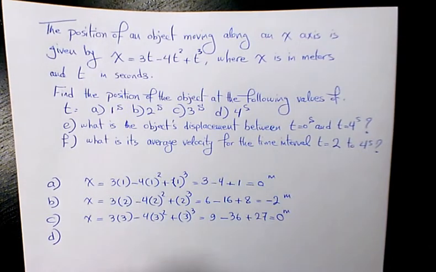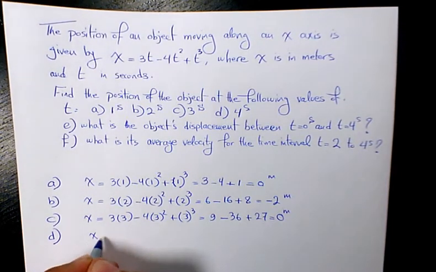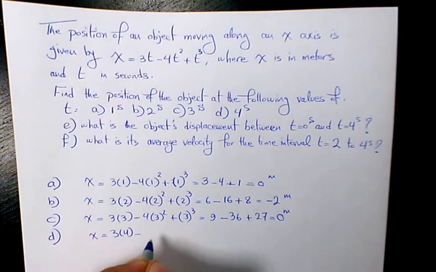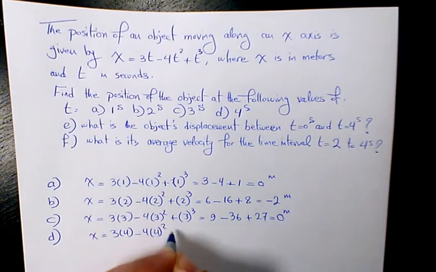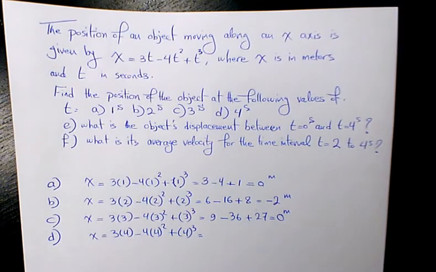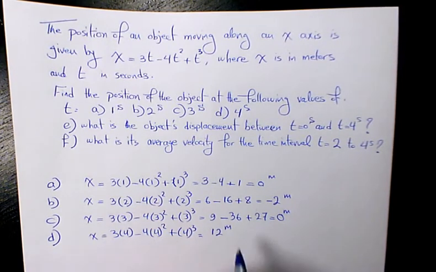Part D. It's going to be 4: 3 times 4 minus 4 times 4 squared plus 4 to the power of 3. These two cancel out, so it's going to be just 12 meters.